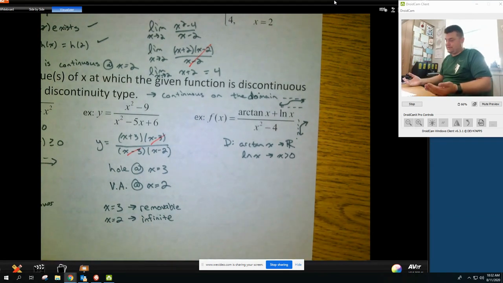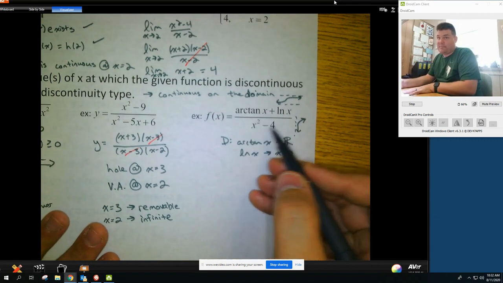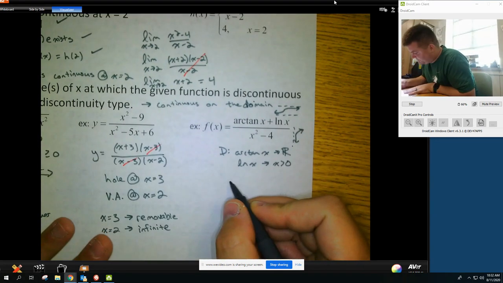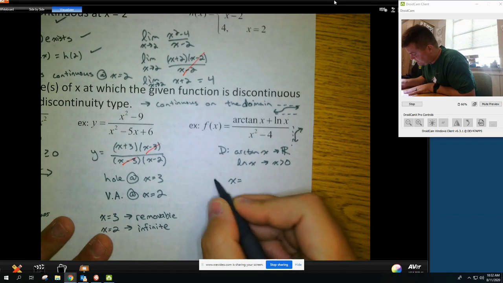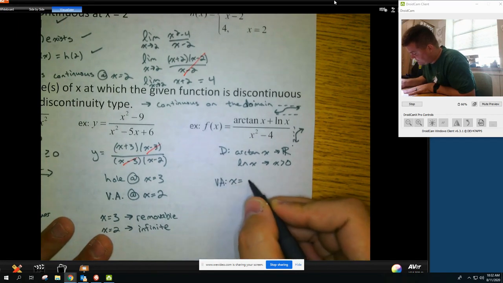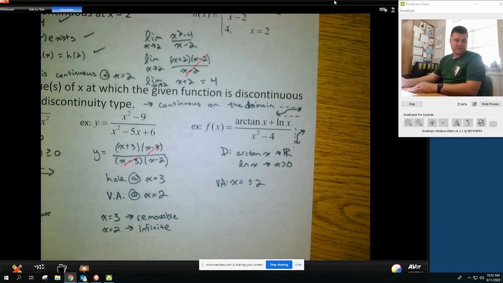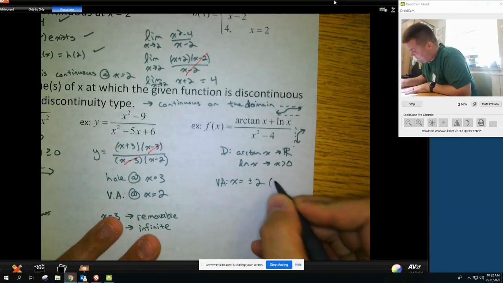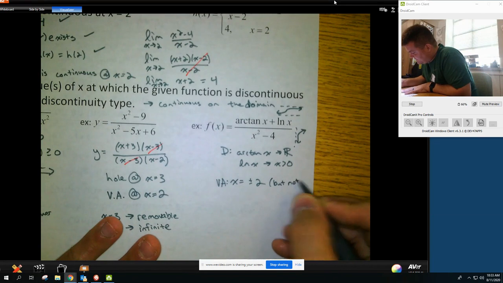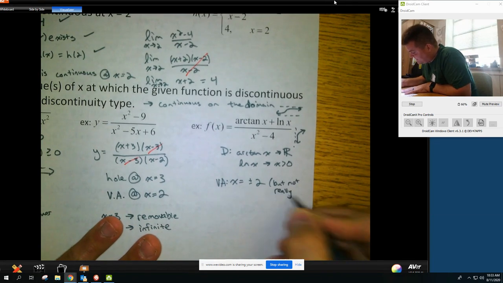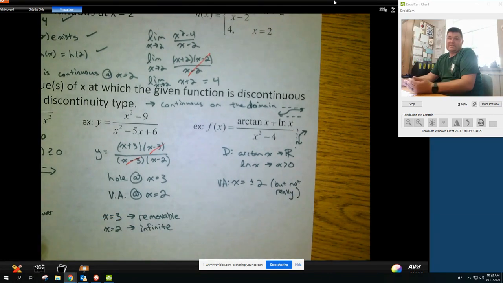Now let's look at this for discontinuities. So can't have the bottom equal to 0. So when is the bottom equal to 0? Well, we'll have a vertical asymptote at x equals plus and minus 2. Kind of. But not really. Anybody know why it's not really at plus and minus 2? Because negative 2 is not in the domain.